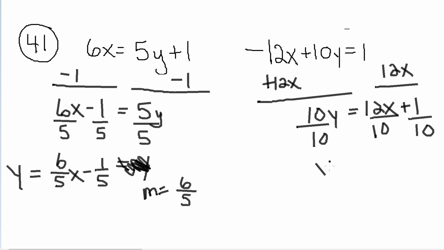And I've got this y equals, what does that simplify to be? 2 goes into 12 6 times, and 2 goes into 10 5 times. x plus the 1 over 10. Okay, so the slope for this side here is 6 over 5. There they are.